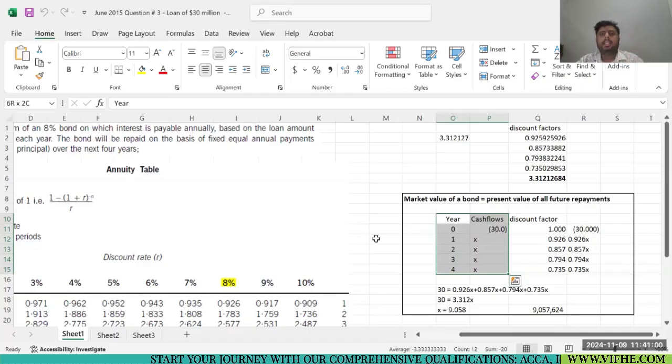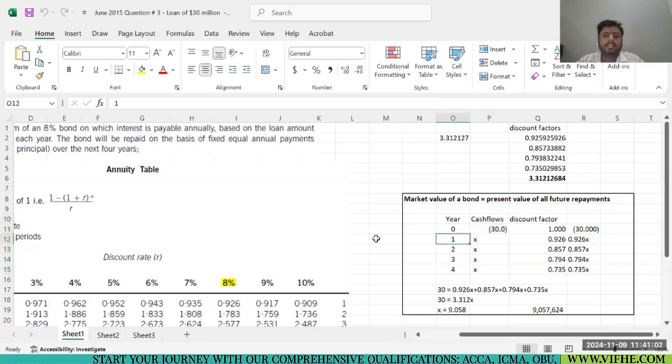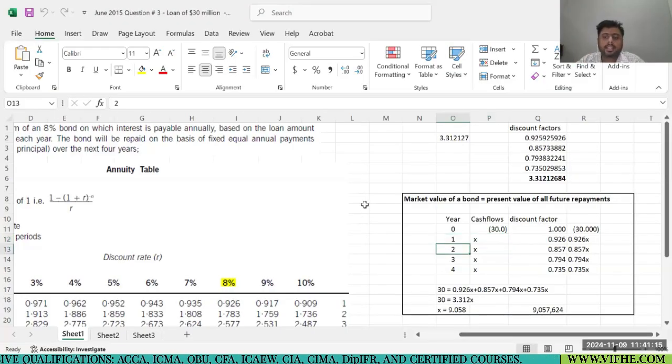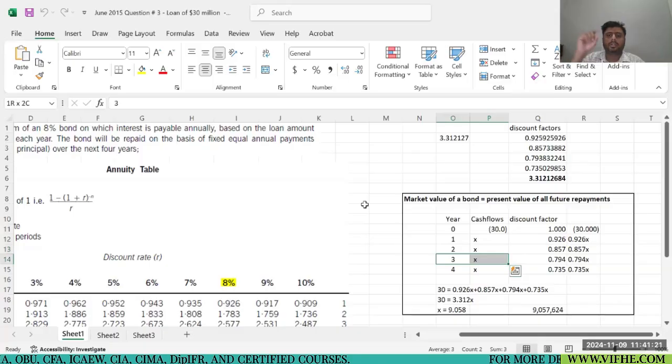No, it is that at the end of first year he will receive an X amount. This X amount will include some interest and some original principal. Then the second amount will also include a component of interest, a component of principal. The third amount will also include a component of interest and a component of principal.